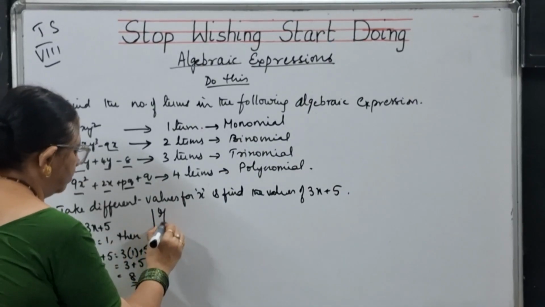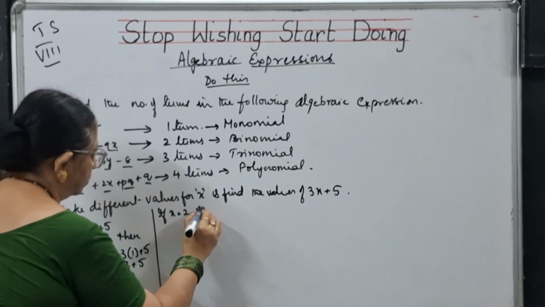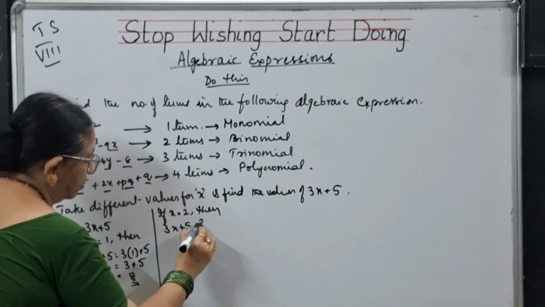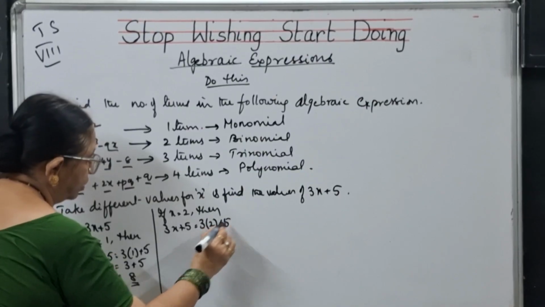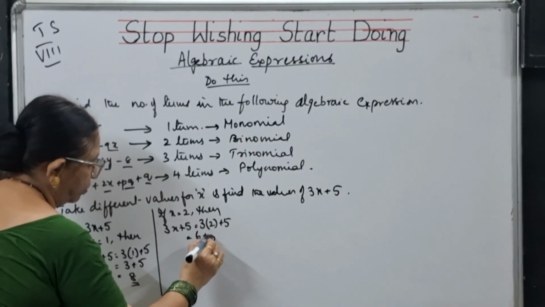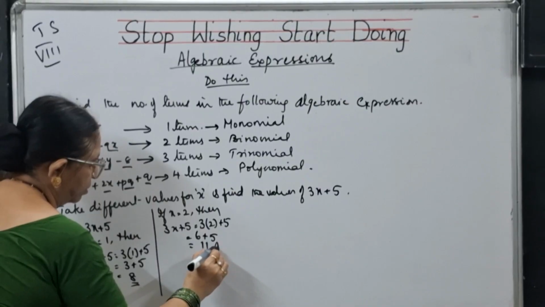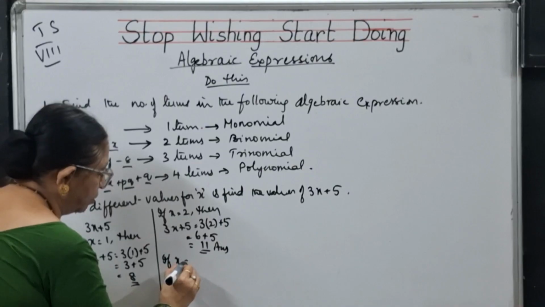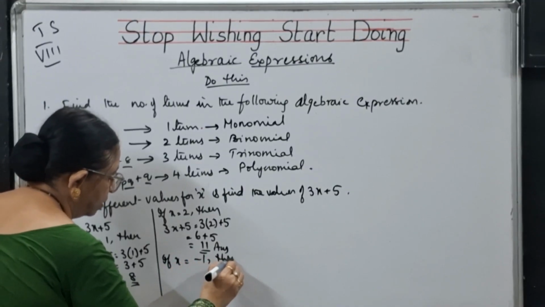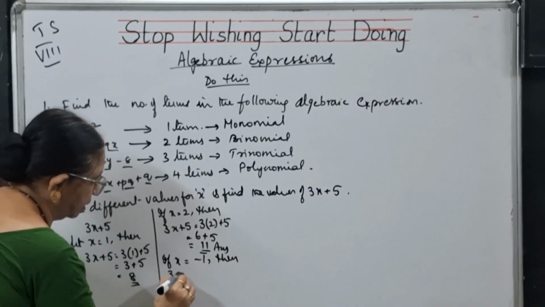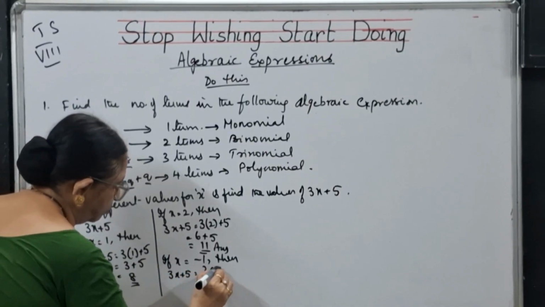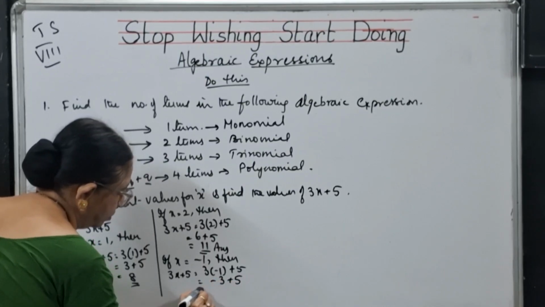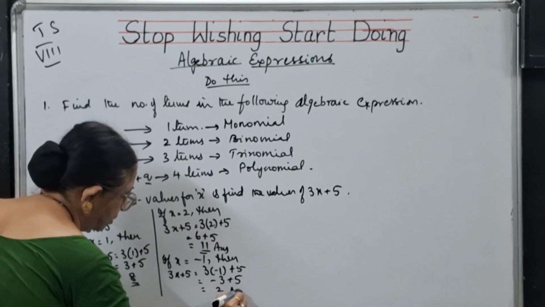Now, if x is equal to 2, then 3x plus 5 is equal to 3 into 2 plus 5. That is 6 plus 5. That is 11 is the answer. See how the values are changing. Suppose if I take x is equal to minus 1, then what am I getting? 3x plus 5 is equal to 3 into minus 1 plus 5. Minus 3 plus 5. 2 is the answer.